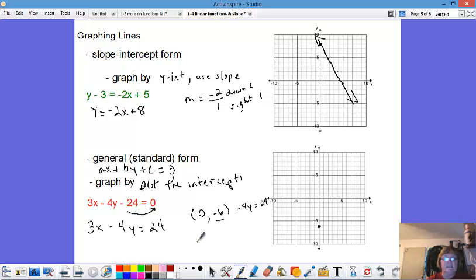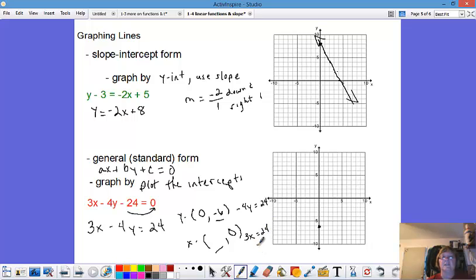To find the x-intercept, this time y has to be 0 and we're looking for the x that it would require. So we do the same thing. If y is 0, then this whole business, negative 4y, goes away, and what has to be true is that 3x must equal 24.